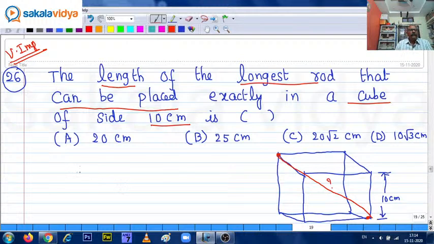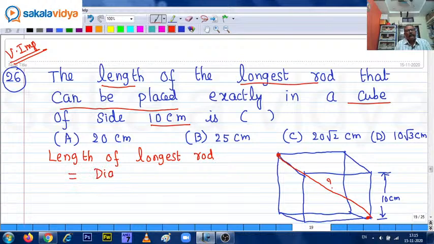So the length of the longest rod equals the diagonal of a cube. The diagonal of a cube is given by root 3 times a.